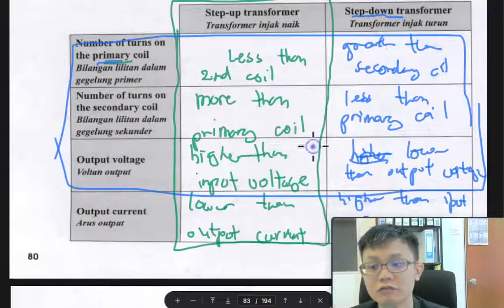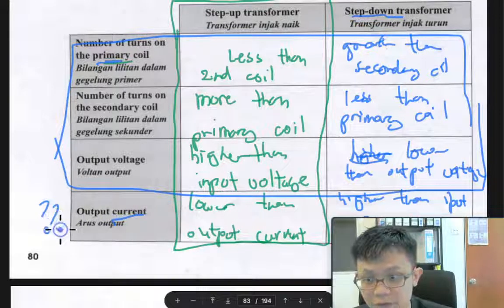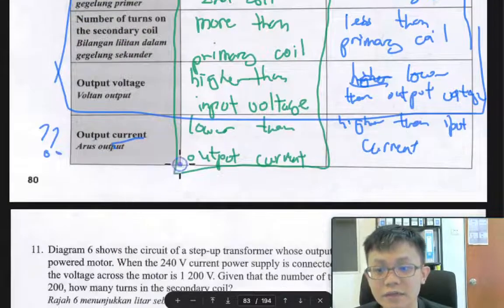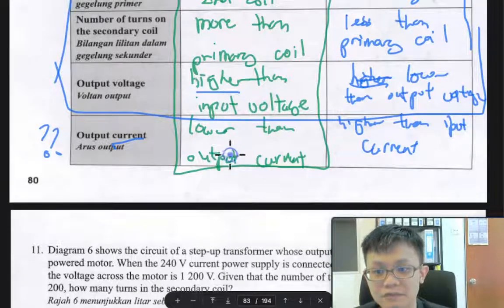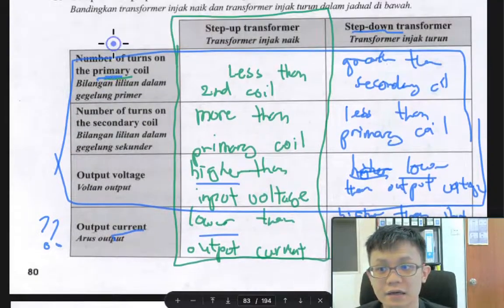And we seldom talk about the current. So the current will be, if this one goes up, this one must go down. If the voltage goes down, the current will go up, because of the formula.